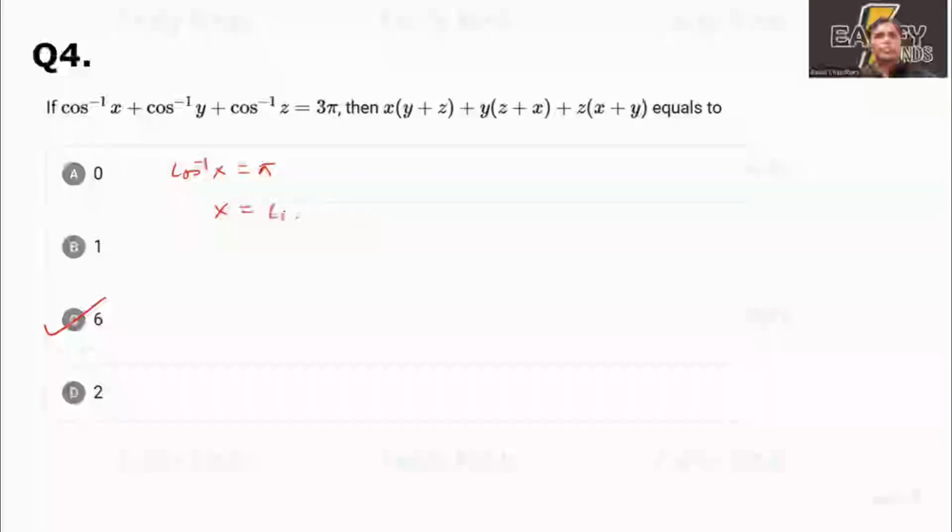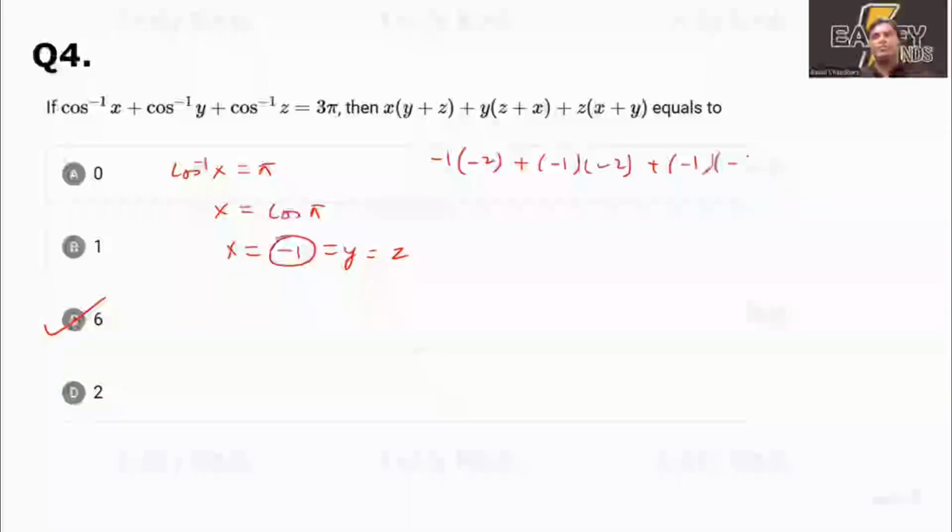So x value is cos pi, that is minus 1. This is also y and this is also z. So minus 1 into minus 2, minus 1 into minus 2 and minus 1 into minus 2. So this is 2 plus 2 plus 2 and the answer is how much coming? 6. So don't leave these kinds of problems, very much easy.